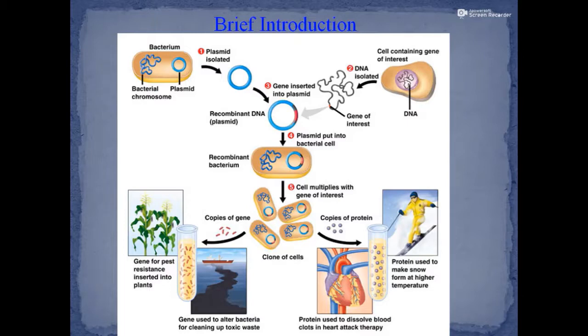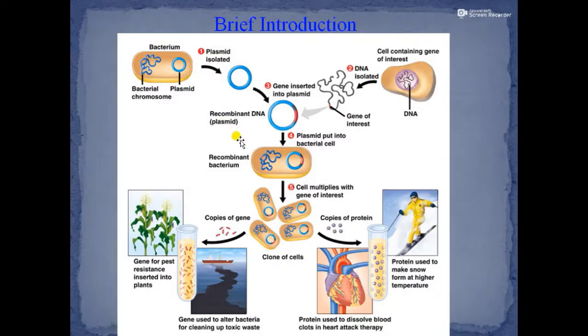So the gene which is coding for that particular product is being combined with another gene, in a sense, a carrying agent. Now it could be a bacterial DNA, it could be a viral DNA, or whatever it is. You combine it and you make it a recombinant DNA.